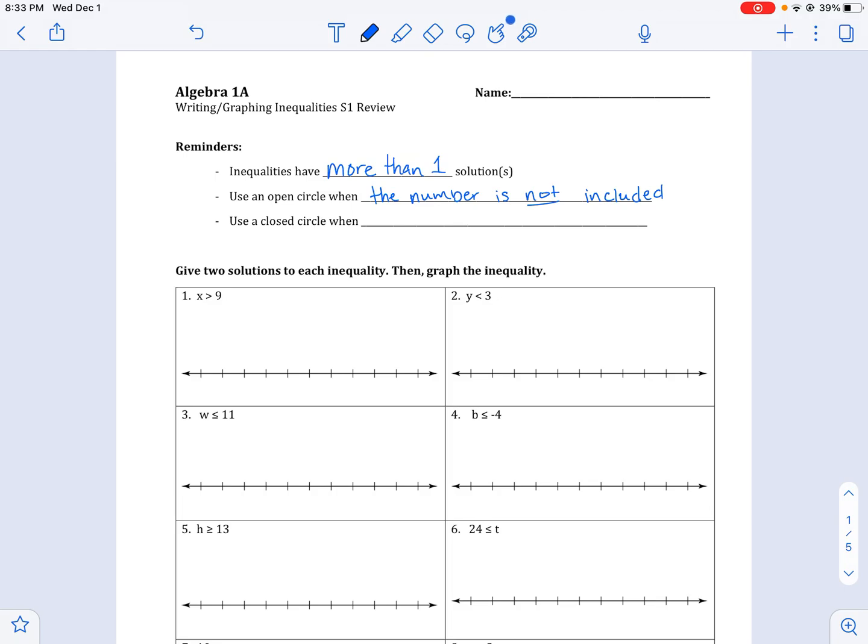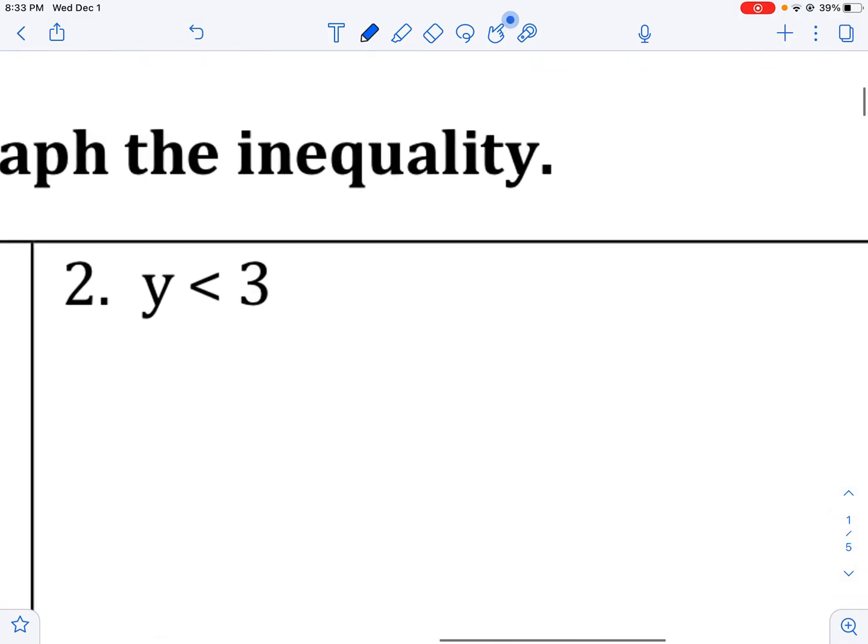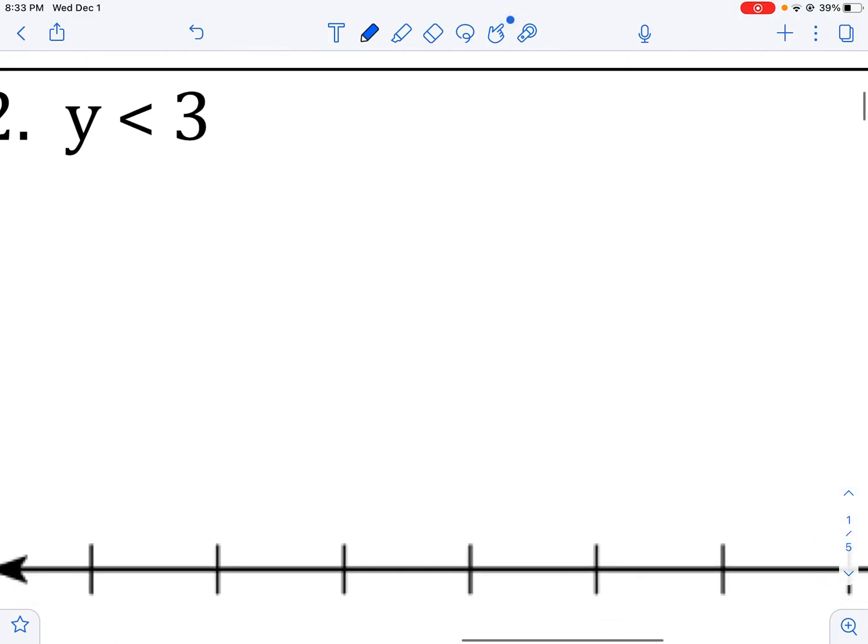So what do I mean by this? If I don't have an equal to sign. On this inequality, this says y is less than 3. I can have 2, I could have 1, I could have 0. Those are all less than 3. Negative 10 is less than 3. That would also work, but I could not have 3 because 3 is not less than 3. That would not work, so that is not included.